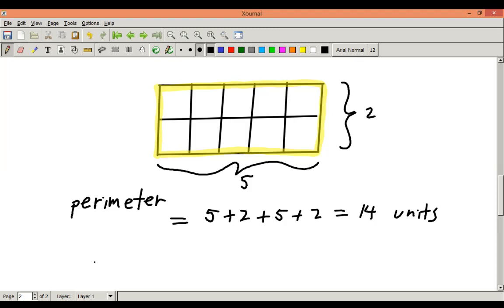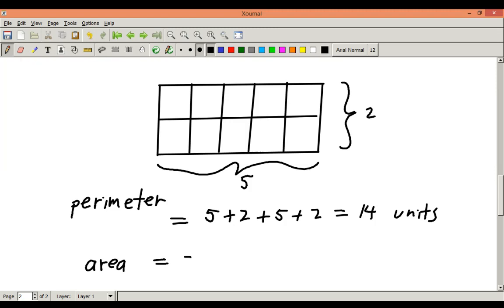But now if you talk about area, now we're talking about the space inside. So the area is the amount of space inside. So it's the number of squares that fit inside. So notice that you have 2 rows there going across, and each row has 5 squares in it.